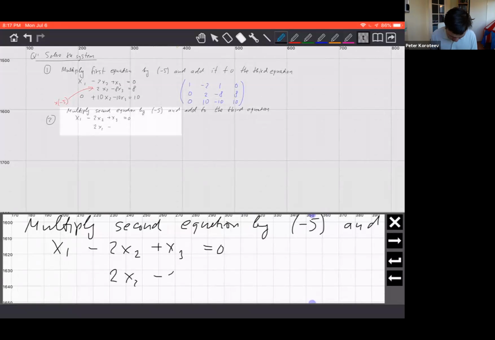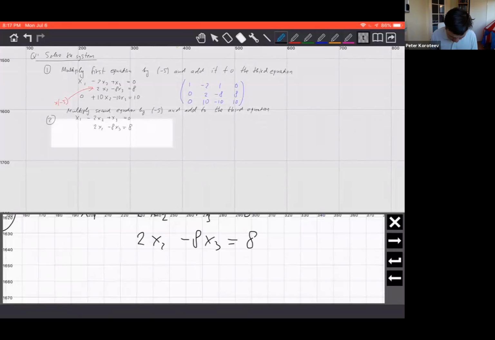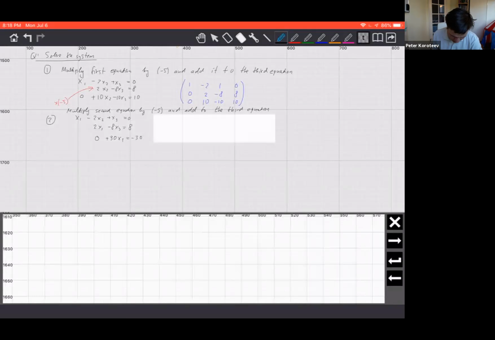It's 2x2 minus 8x3 equals 8. Right, and here we have 0. Now -8 times -5 is 40, and -10 is equal to 30. So it's plus 30x3, and that's equal to 8 times -5, that's -40, and plus 10 is -30, is equal to -30.